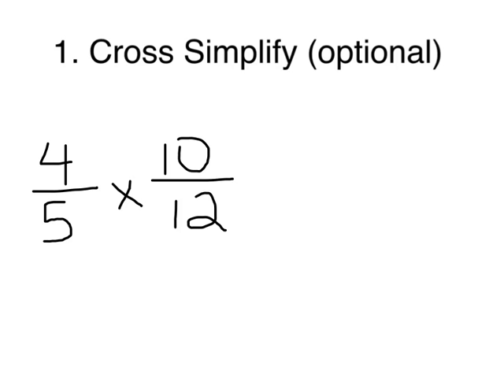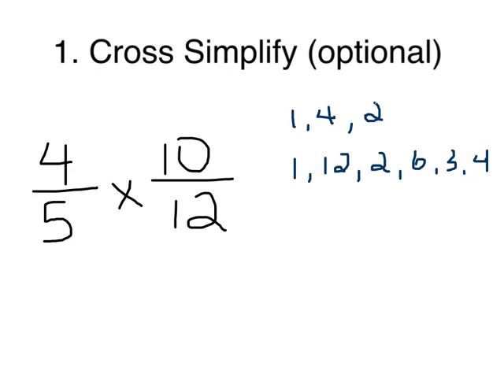So for instance, I can tell that the factors of 4 are 1 and 4, and 2 and 2. The factors of 12 are 1 and 12, 2 and 6, and 3 and 4.